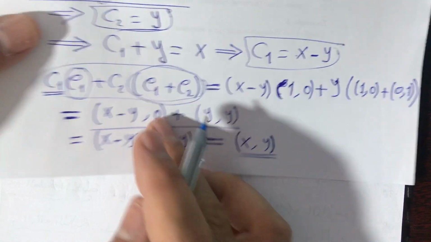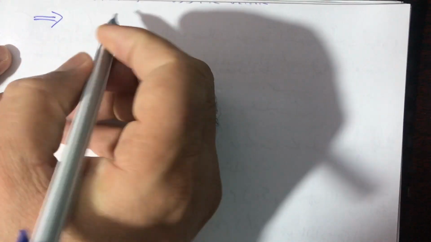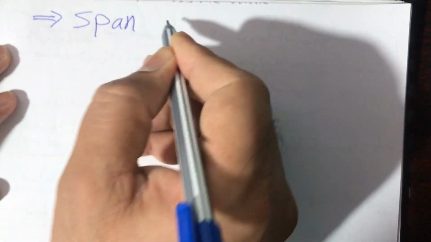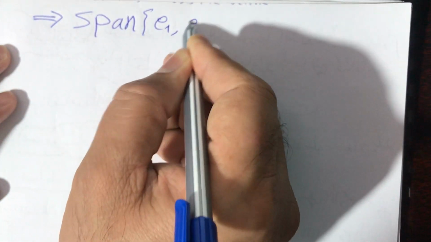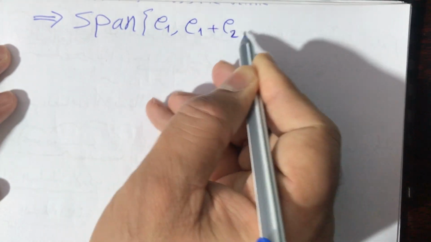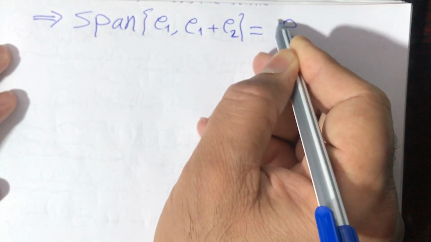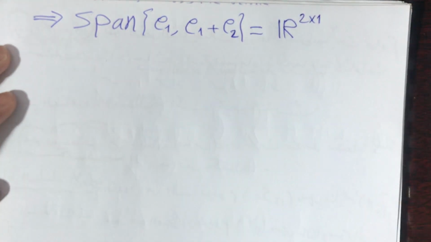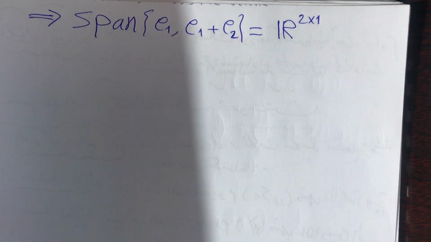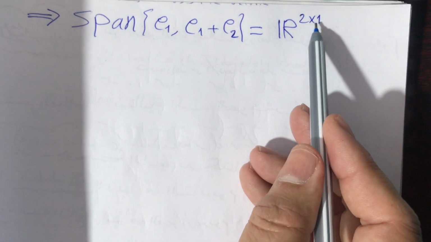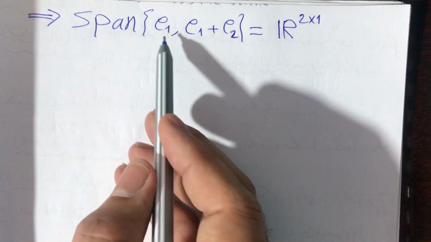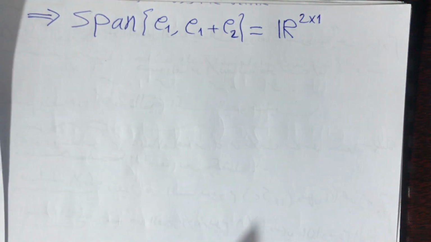This implies that the span of E1 plus E2 equals R2 times 1. This is the first condition.